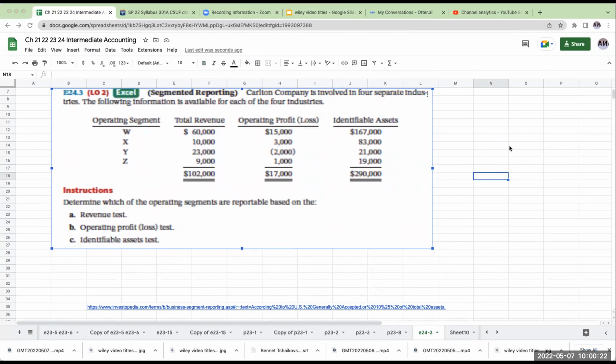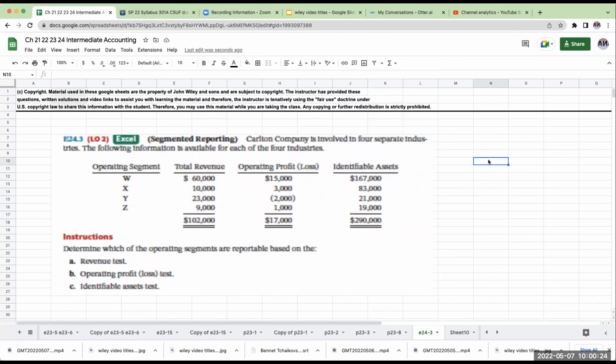The key portion is 10%. If an operating segment exceeds 10% of either revenue, loss, or identifiable assets, that may necessitate separate disclosure in the footnotes to the financial statements.